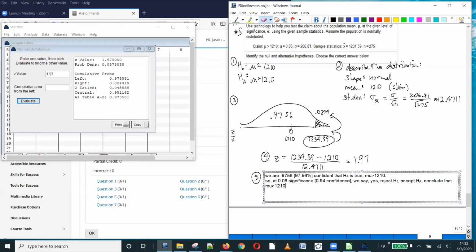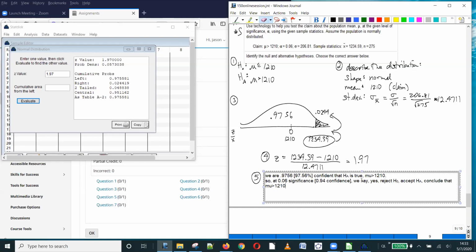So remember that the question is always asking, do you have enough confidence or evidence to reject H0 and accept HA? And that's the philosophy or the approach behind hypothesis testing. So I emphasize looking at the confidence level. So we actually have about 0.97 confidence, and the question is asking us if we have 0.94 confidence.